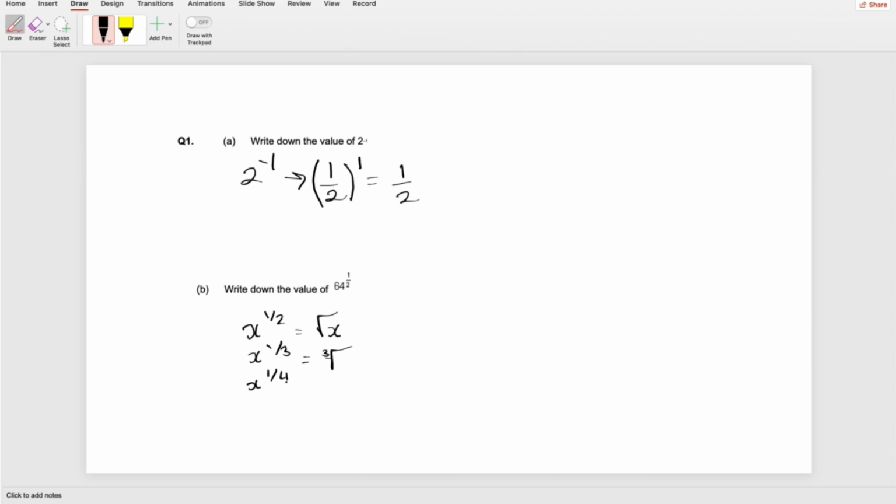X to the power of a quarter is, I don't know how you pronounce that, but you get the idea. So in this case, 64 to the power of half is square root of 64. And square root of 64 is plus or minus 8, because 8 times 8 equals 64, and minus 8 times minus 8 equals 64 as well.